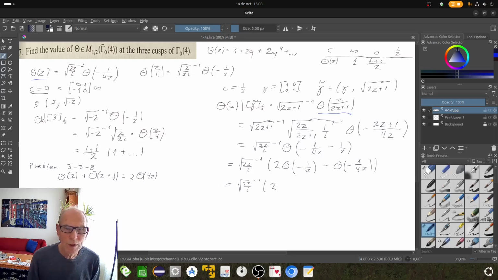The first one here, up here we substitute 4z for z. So the square root comes on the other side.